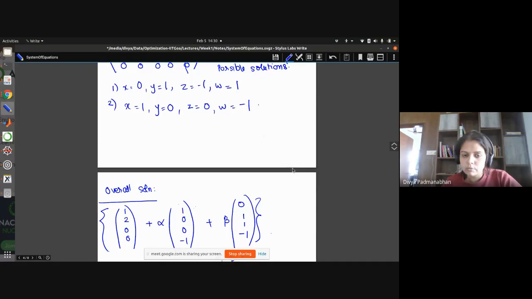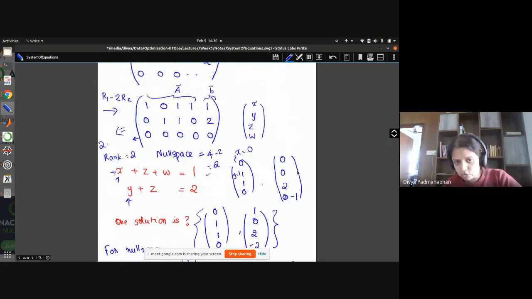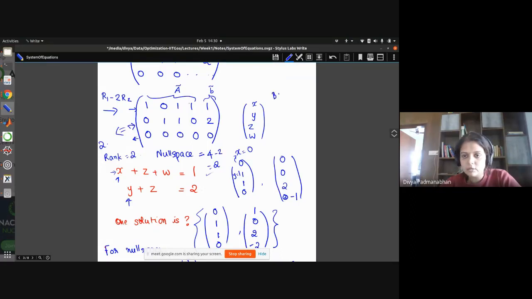One thing to note is that in this revised matrix that you got, whatever rows you get, these two rows are going to be a basis for the row space of A. So these are the rows 1, 0, 1, 1 and 0, 1, 1, 0.